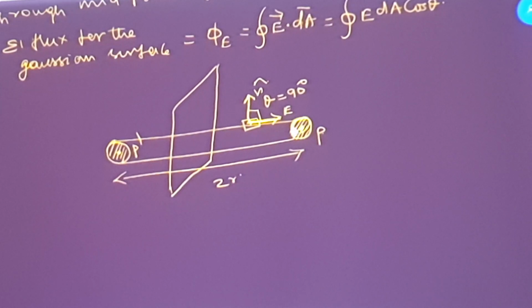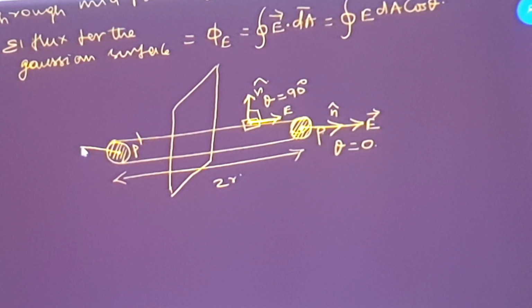On the flat surface, the direction of the electrical field is radially outwards, E vector, and if I drop the normal, n vector is also along the same line, so theta equals 0, because the perpendicular drawn to the surface area and the direction of electrical field are parallel.